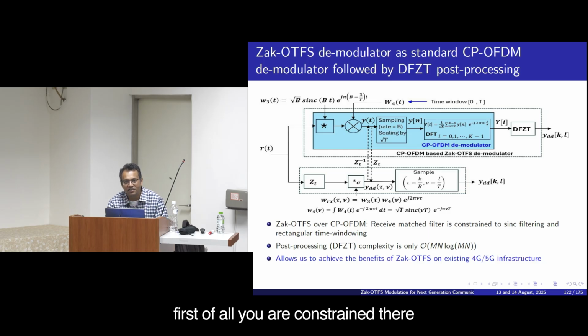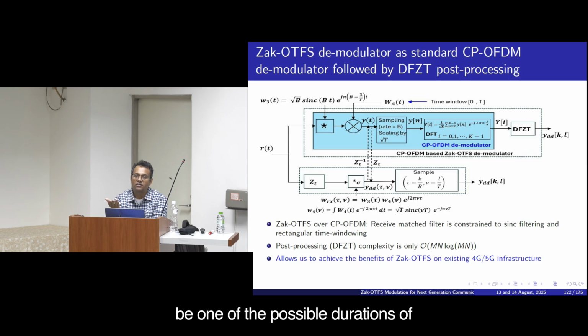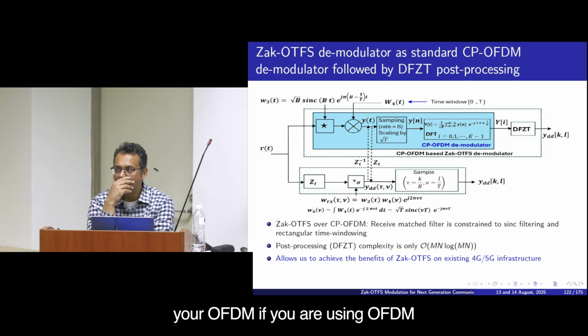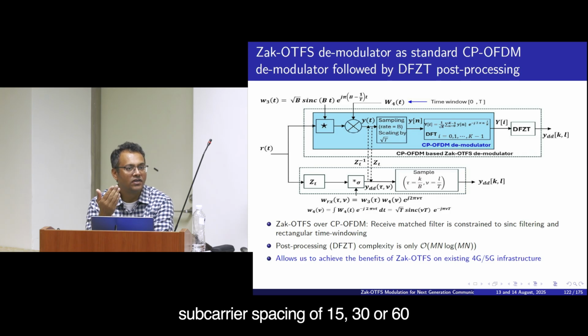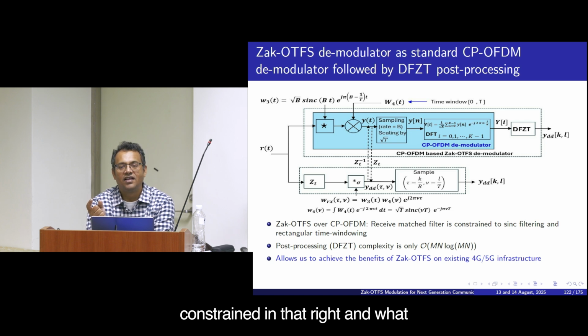So first of all you are constrained there. Secondly, the duration capital T can only be one of the possible durations of an OFDM symbol. So, for example, if you are using OFDM subcarrier spacing of 15, 30 or 60 kilohertz, then your capital T can either be 1 over 15 kilohertz, 1 over 30 kilohertz or 1 over 60 kilohertz. So you are constrained in that, right.